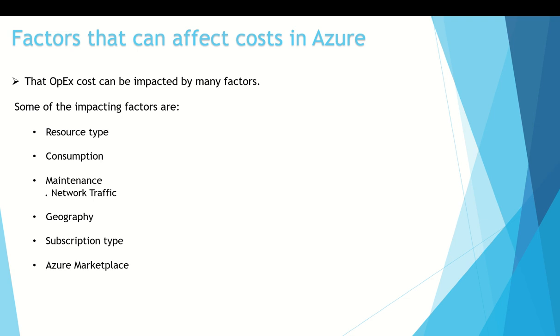Next comes geography. When you provision most resources in Azure, you need to define a region where the resource deploys. Azure infrastructure is distributed globally, which enables you to deploy your service centrally or closest to your customers, or something in between. With this global deployment comes global pricing differences.